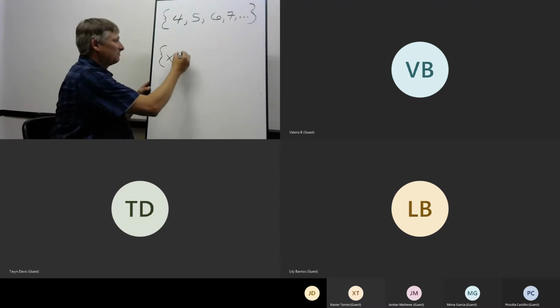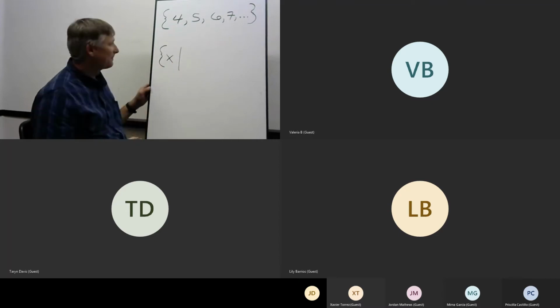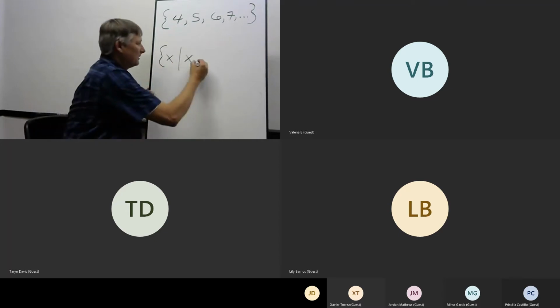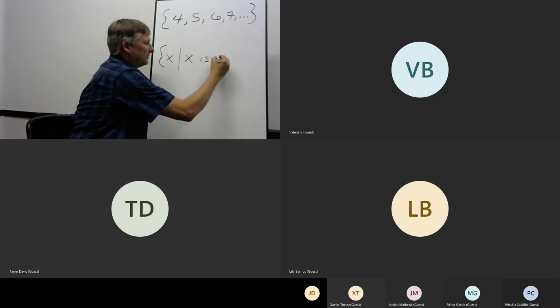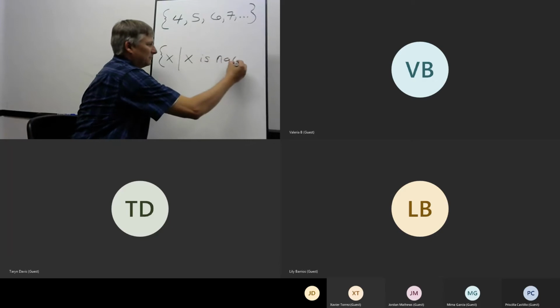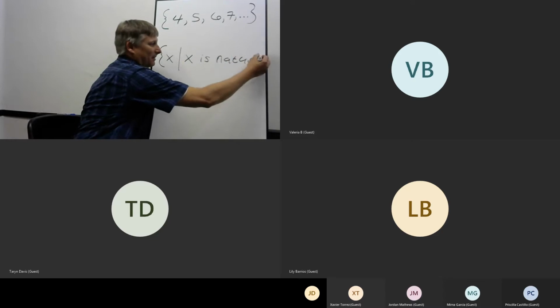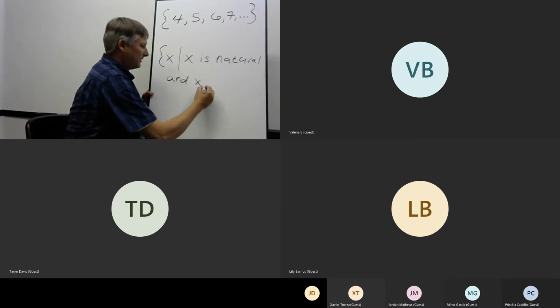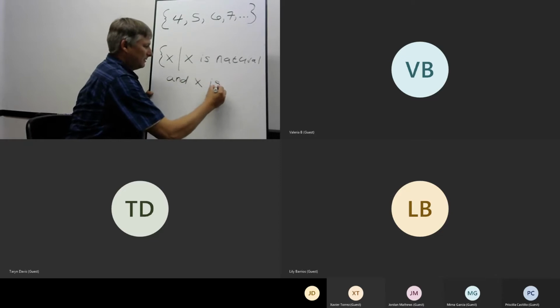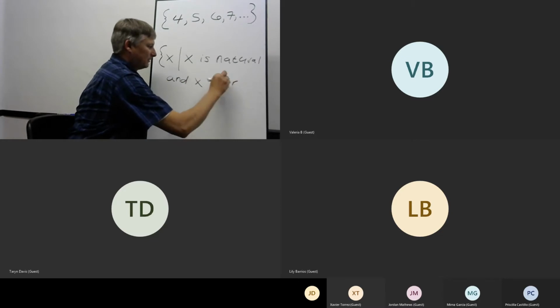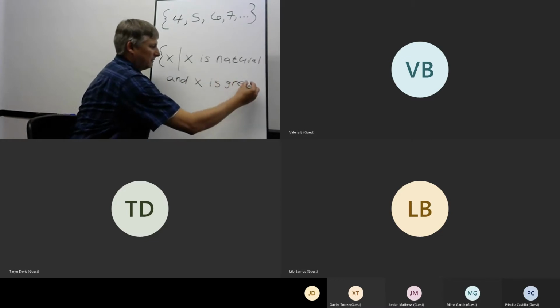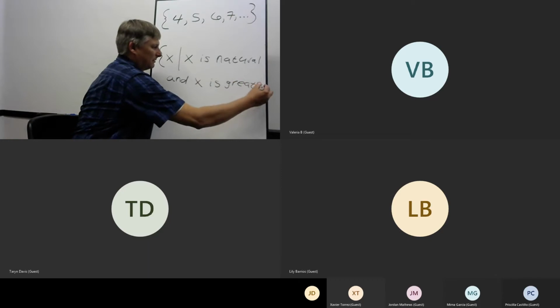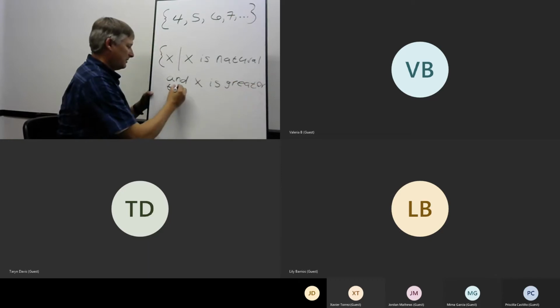All numbers x such that x is natural, it's a number we count on our fingers, and x is greater than 3.